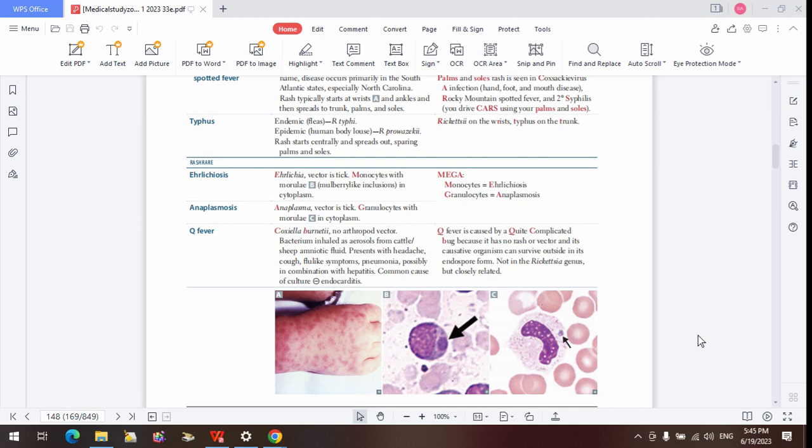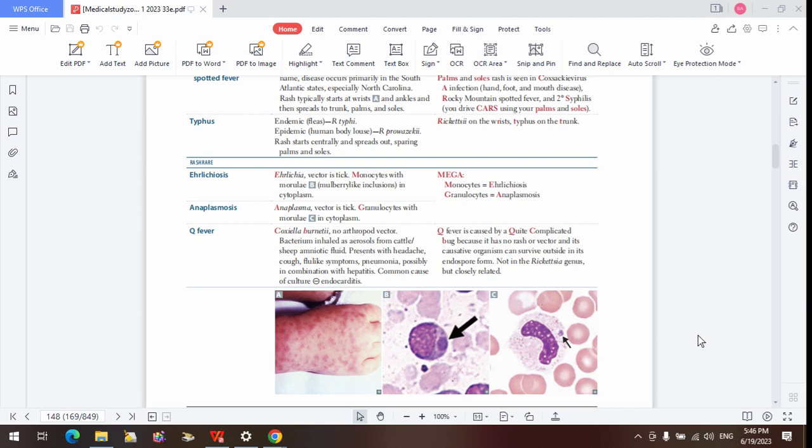So it has no vector. There is no tick, no flea, no louse transmitting it. So you get it from the reservoir directly. Once the reservoir passes out the excreta, feces or amniotic fluid, the person can inhale it and develop the condition.